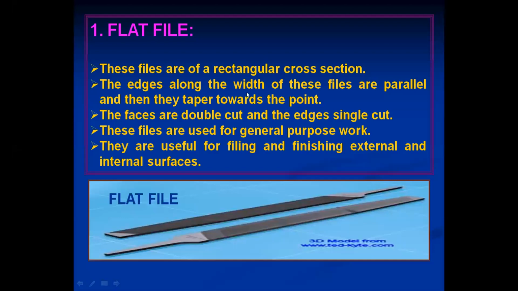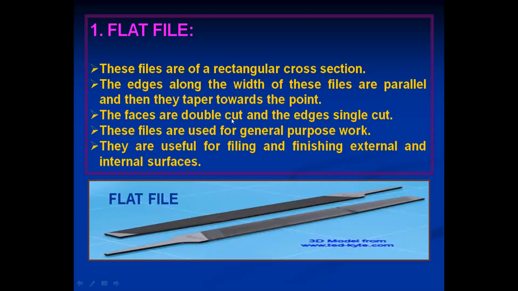The edges along the width of these files are parallel to the length of the file, and then they taper towards the point. Only at the point is some taper given.